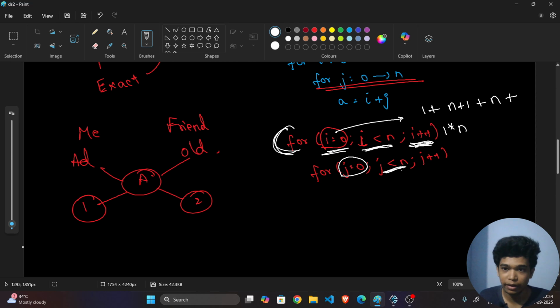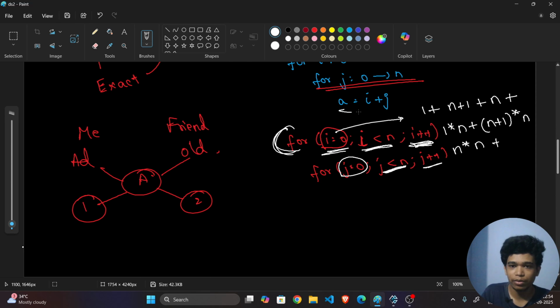Now come here. Here there is less than n, which means n plus 1 times this will be executed, but it will be executed again n times for this i loop. Again here comes j plus plus, which means n into n. Hope you understand this.